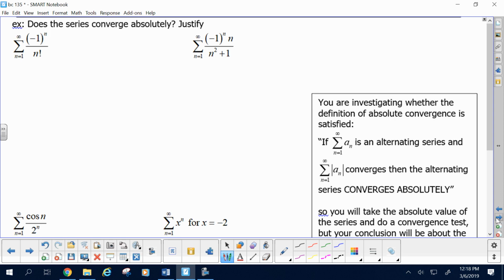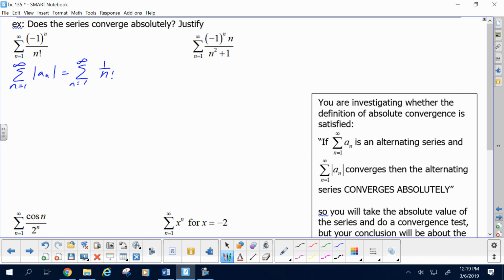Let's show you what I want you to do. The question is, does the series converge absolutely? Justify. The first thing you would do is say, I am looking at the absolute value of the series, because that's what absolute convergence is all about. What happens when you remove the negative? Does it converge anyway? When you remove the negative, it's just 1 over n factorial.